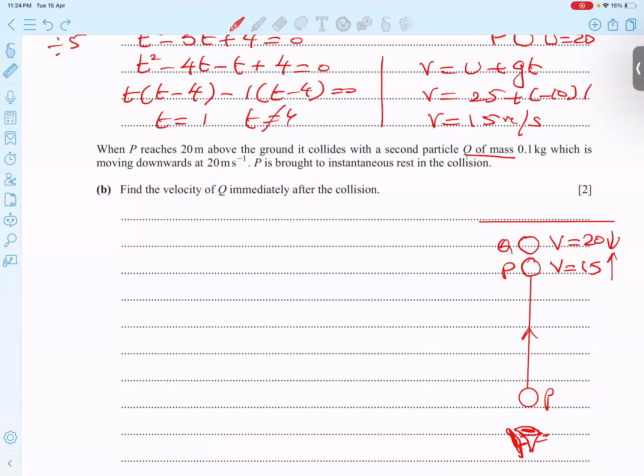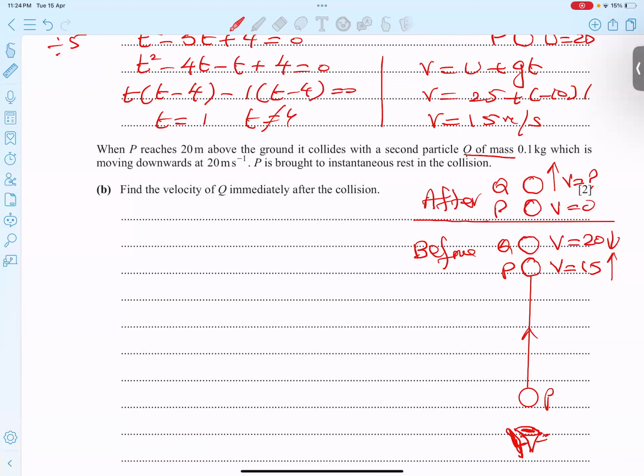So this is before collision, okay? And after collision, what is happening? P's velocity becomes 0, whereas Q is going this way, and that is what we have to find. This is just before collision, and this I will take as after collision.